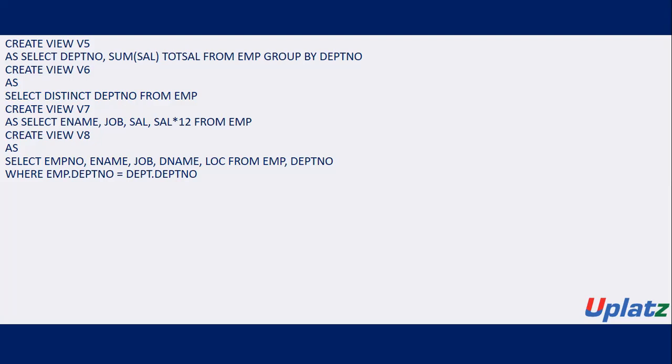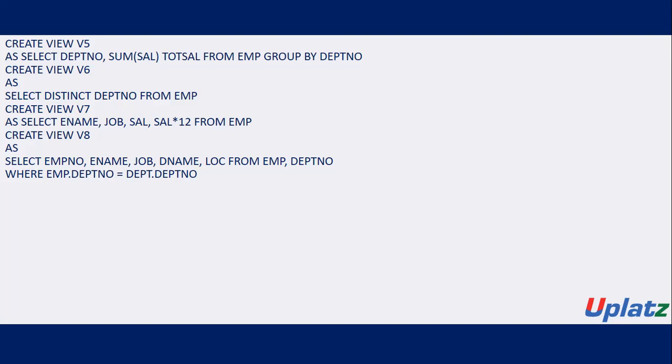And the next example is create view V7 as select employee name, job, salary, and salary into 12 from employee. So in this view, we are using a mathematical expression.